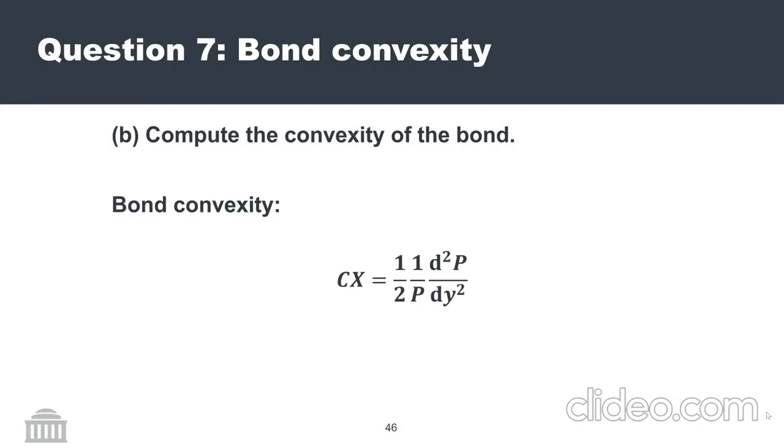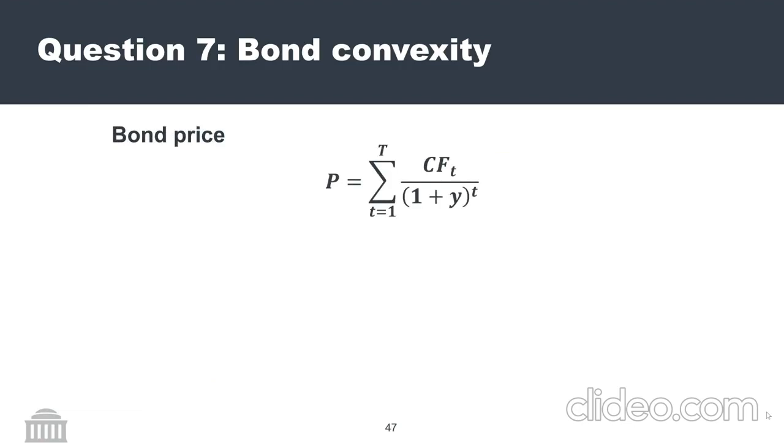I will start with the definition. So convexity of the bond is given by 1/2 multiplied by the inverse price multiplied by the second derivative of the bond price with respect to YTM. So what I'm going to do right now is expand this formula by taking the second derivative of the bond price with respect to YTM. So let's write down the bond price as this.